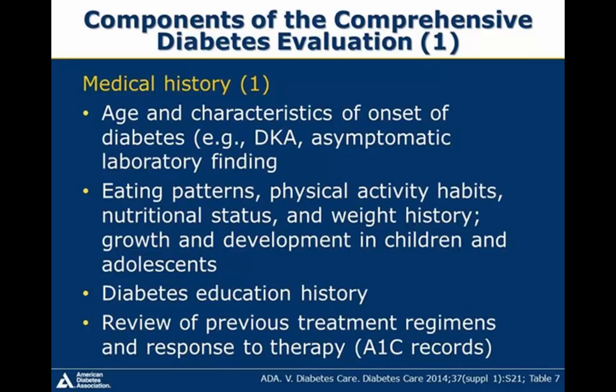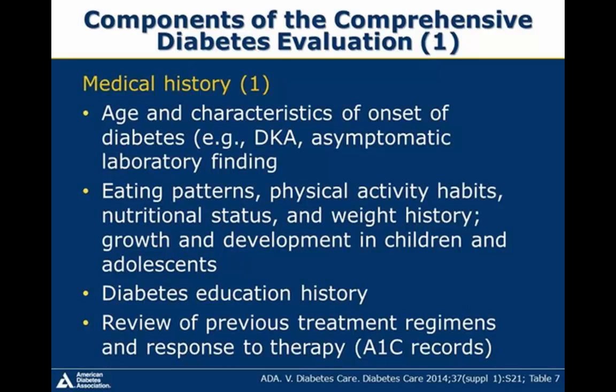So what else do you have to examine on the patient besides the glucose levels? Basically, the age and the onset of the diabetes. The earlier the onset, the more age related, the more possibility for complications of diabetes, ketoacidosis, eating patterns of the patient. Sorry.